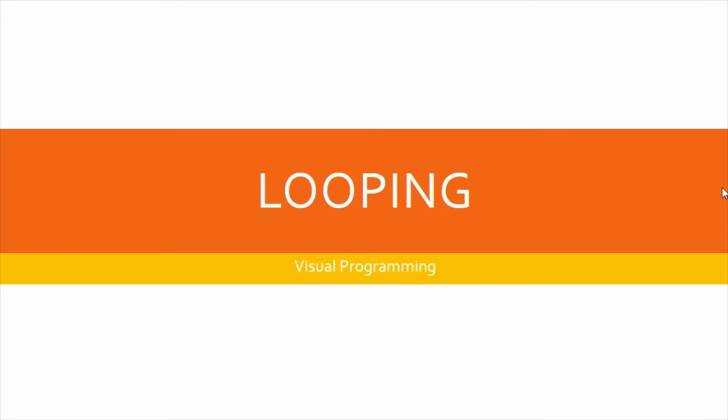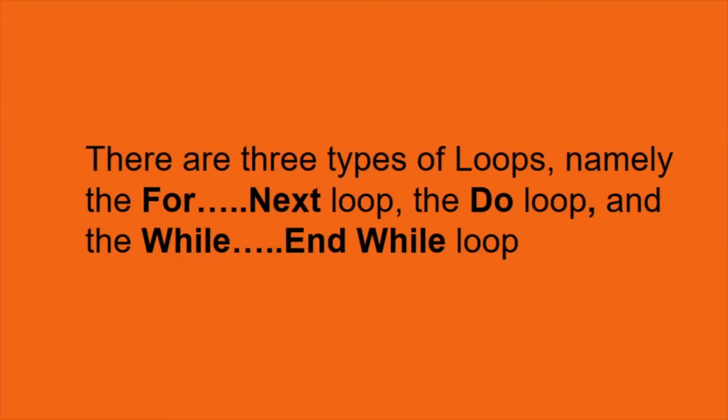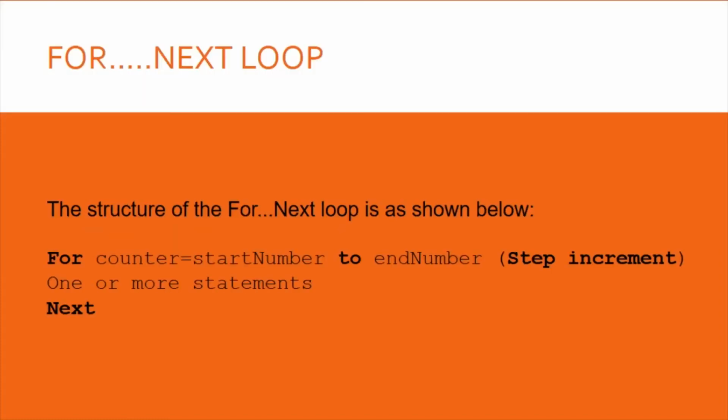And then in the looping statement, we have three types of loops. The first one is the For Next loop, then we have the Do loop, and then we have the While loop. So there are three types of loop inside Visual Basic Programming.